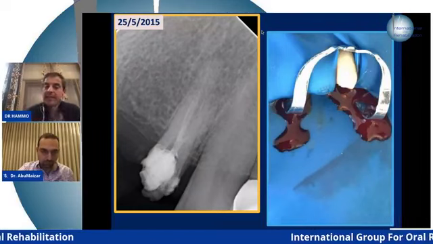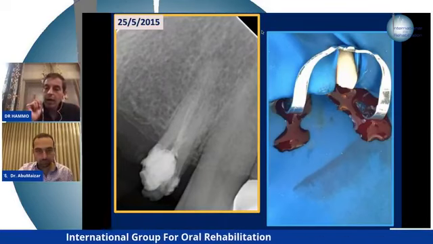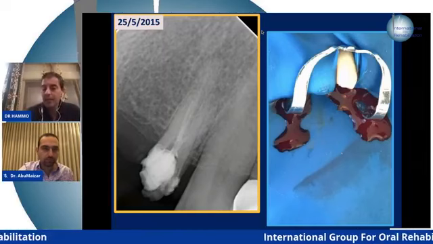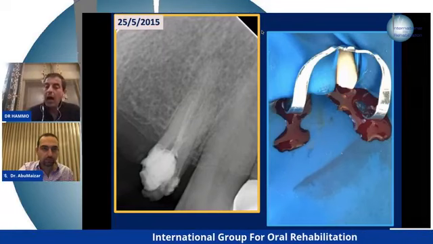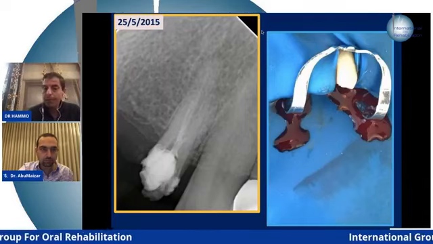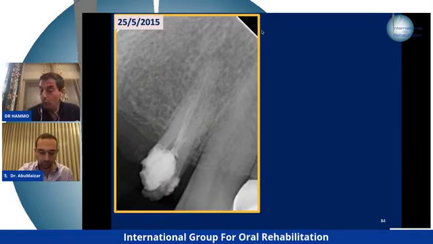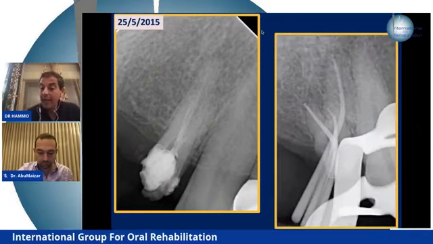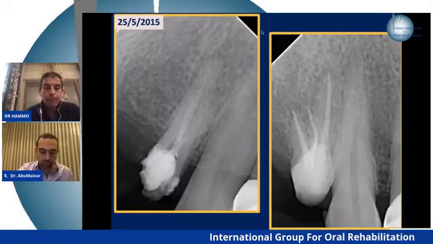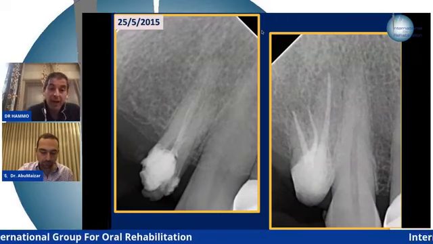When you see the blood coming out suddenly, that means you are in real trouble, because the accident happened and the worst is coming. So I irrigated with saline for 10 minutes, then the bleeding stopped, then I continued working, and I could dry the canal, and you can see here the obturation. So look carefully at the date. It's 25 May.